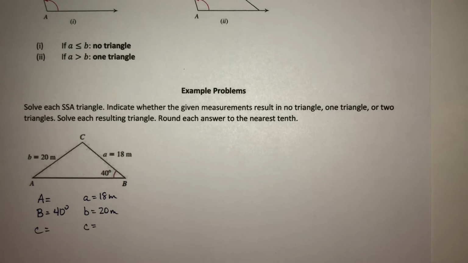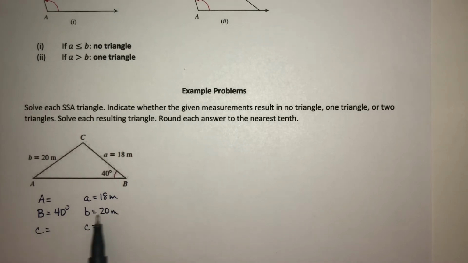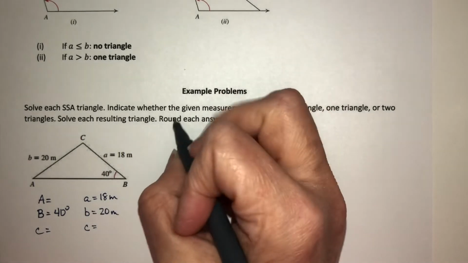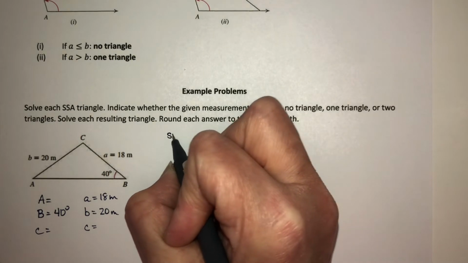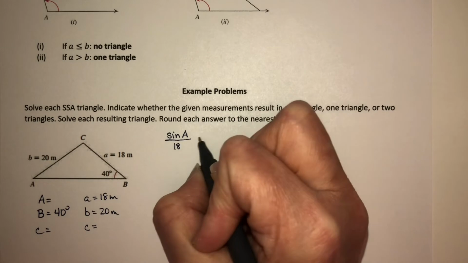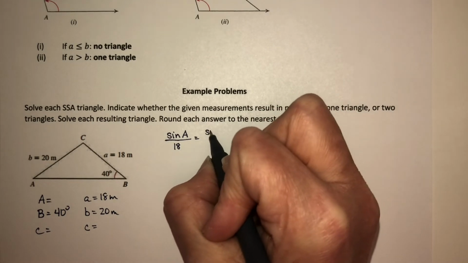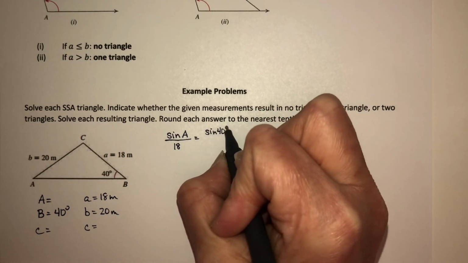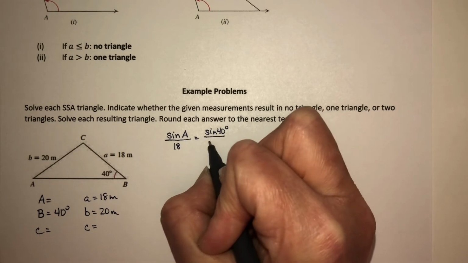Okay, so what do we have in common? I have a B angle and I have the B side. So that's the one I'm going to be using most. And since the only other piece of information I have involves A, I'm going to try to find angle A first. So sine of A over 18 is equal to sine of 40 degrees over 20.